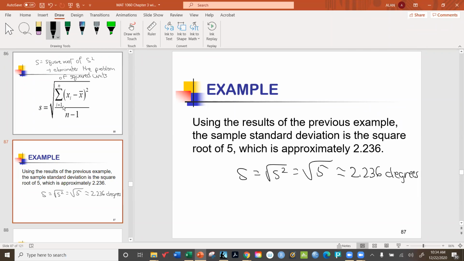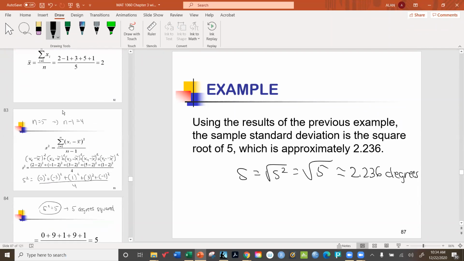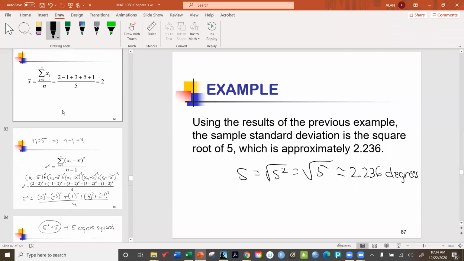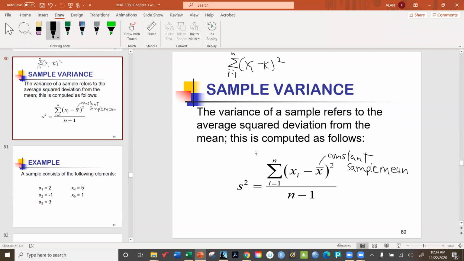Now, by the way, here's a fun little side note. You probably are wondering now, well, then why did we square this in the first place? Why don't we just add them up the way they are? Isn't this causing problems? And the answer is yes, but here's the issue. If you left off the square here, no matter what numbers you have in this equation, it'll always add up to 0.